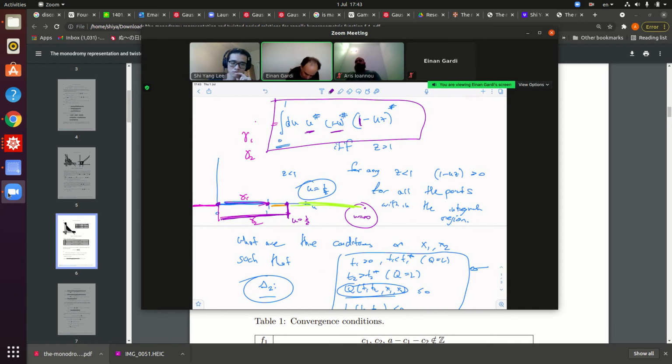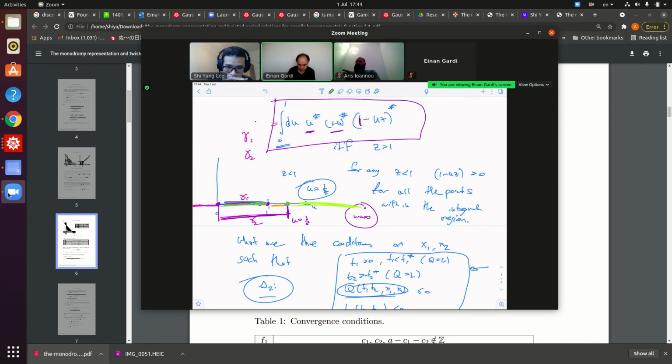On the other hand, if we take the 0 to 1 integration, this one, and now we play with Z, and we compare the case where Z is outside to the case that Z is inside, then we see a difference. Because when Z is outside, the whole time the integrand is real.